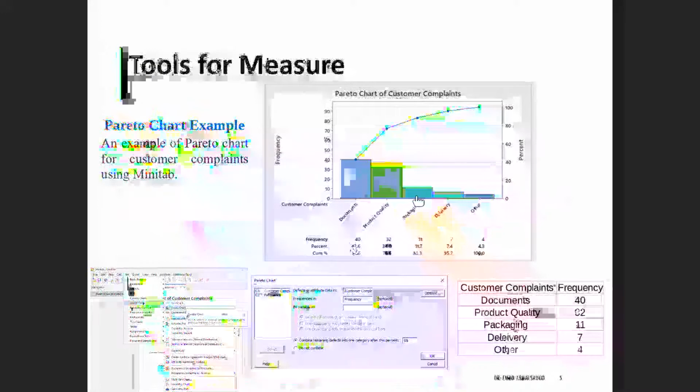So if you are facing limited time or limited resources, or you just want to focus on the major causes, in this case 42 is already more than the 20% that is caused by the documents and was the reason for the 80% or more of the customer complaints. That's why focusing here will resolve the majority of the problem.